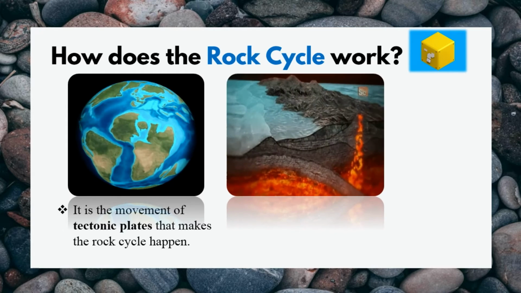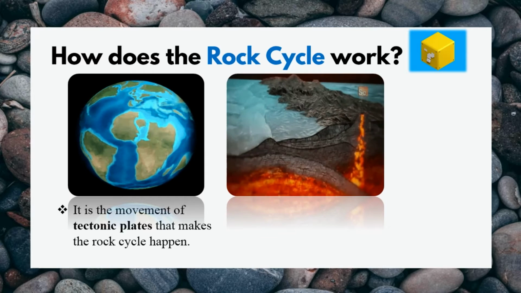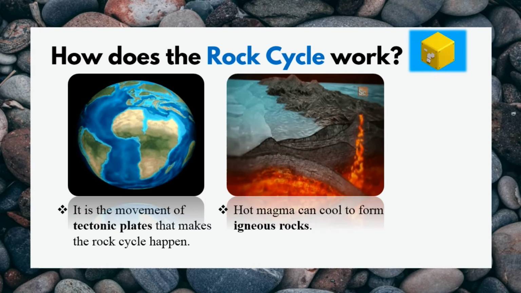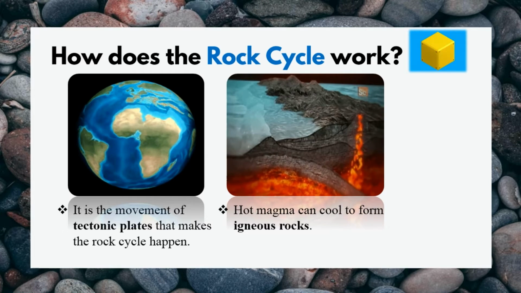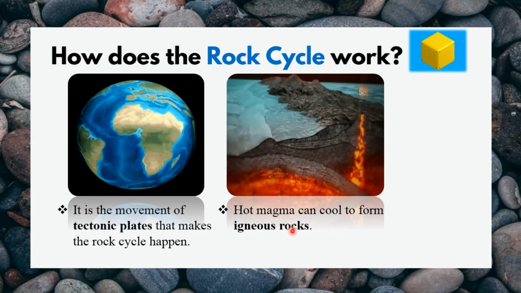Hot magma coming from the mantle, as you can see in the illustration, can go up to the crust, wherein it can cool down to form igneous rocks.